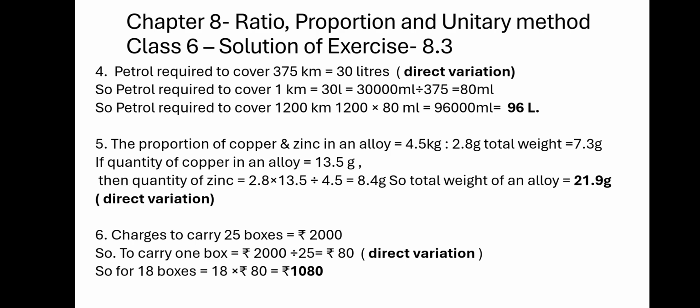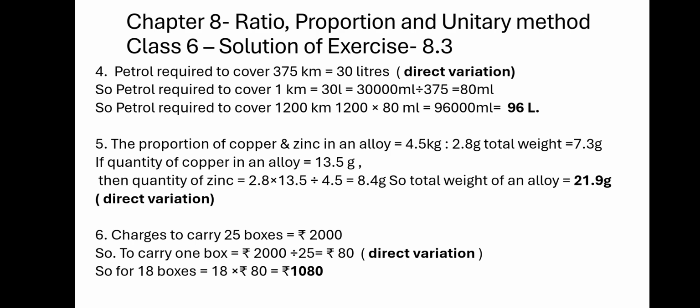Fifth question. The proportion of copper and zinc in an alloy is 4:5, 4.5 gram is to 2.8 gram. Sorry, it is gram, 4.5 gram. So the total weight is 7.3 gram.